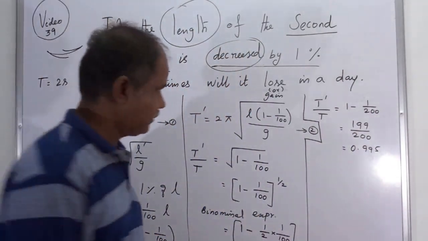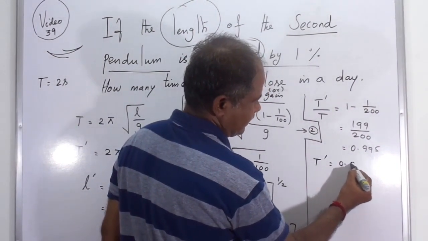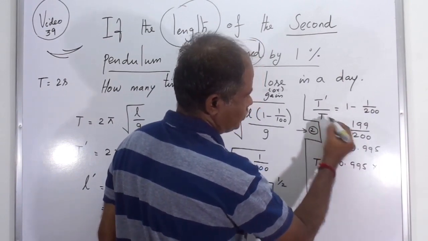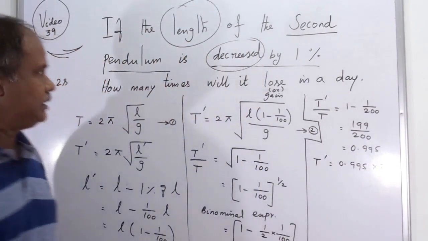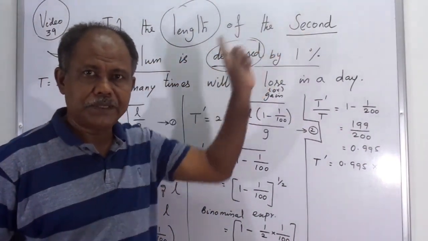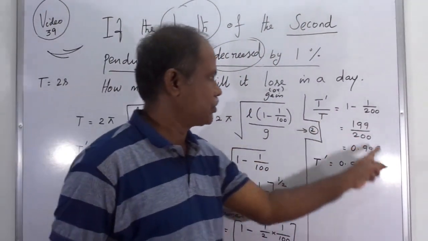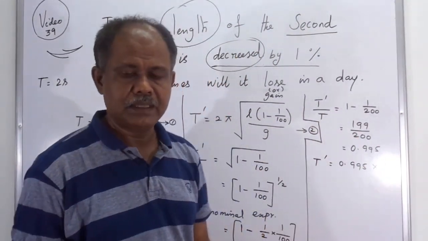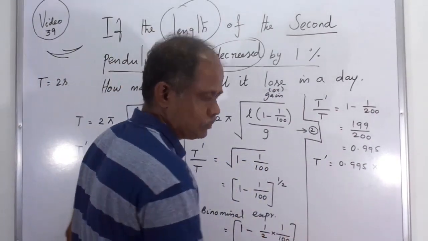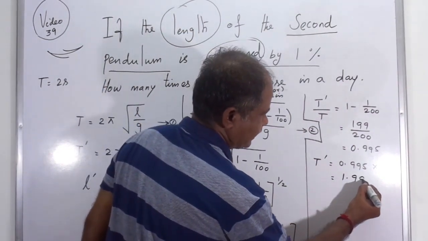Then T dash is equal to 0.995 into T. T is a second pendulum, meaning the time period is 2 seconds. Instead of T, just write 2 here and multiply. Then that is 1.99 seconds.